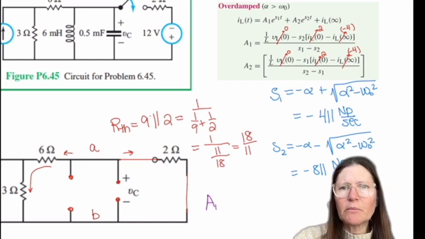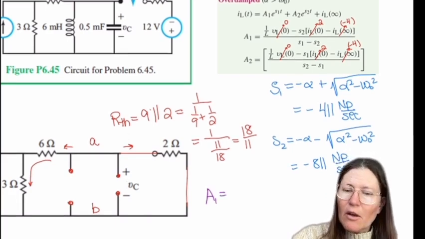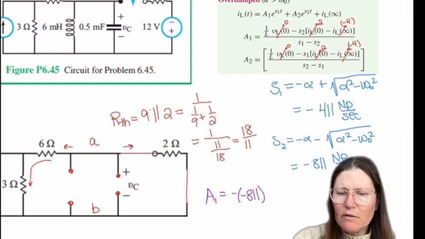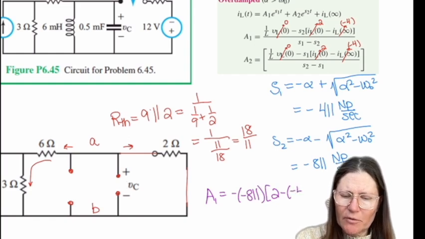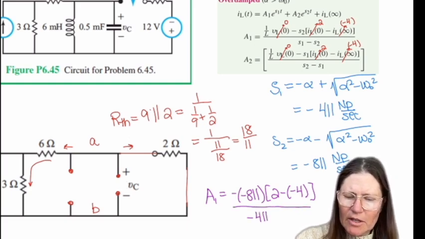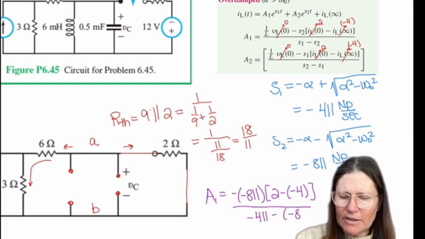So A1 is going to be a minus S2, which is minus 811. And then we have 2 minus a minus 4 all over S1, which is minus 411, and then a minus 811.